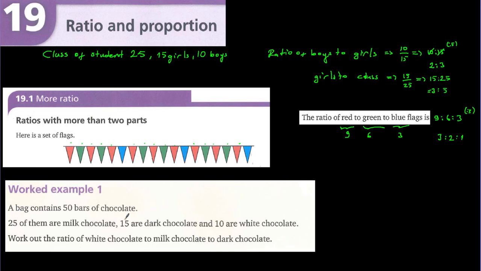Okay, let's see the exercise here. A bag contains 50 bars of chocolate, 25 of them milk chocolate, 15 are dark chocolate, 10 of them white chocolate. Work out the ratio. White chocolate is the first one, then the milk chocolate is the second one, and the last one, dark chocolate, is the third one.